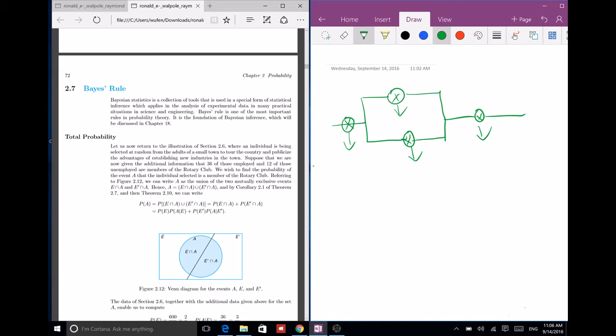So if a system is not working, each part has its own probability of not working. Okay, so for example, the whole system is not working.